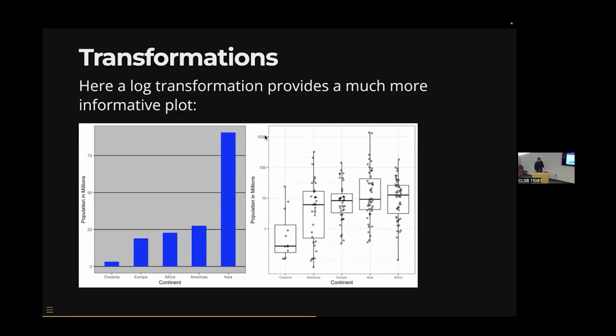Actually, Africa has a higher median than Asia, but those two countries made it seem like Asia was massively big population-wise. So again, same data, two different plots. The one on the right shows you so much more. We did two things: we showed the data, and we used a log transform.